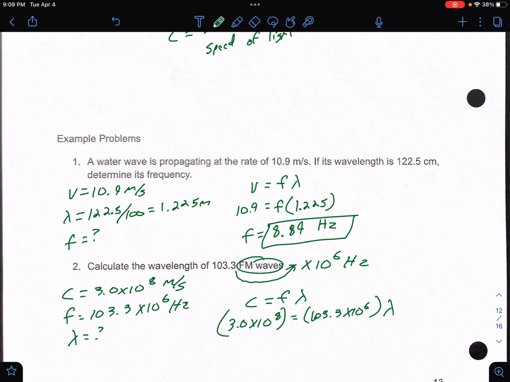So put both those in parentheses before you divide them. And that'll give you a wavelength of 2.9 meters. So if you didn't get that answer, check to see if you put in parentheses or not. And that'll end this video.